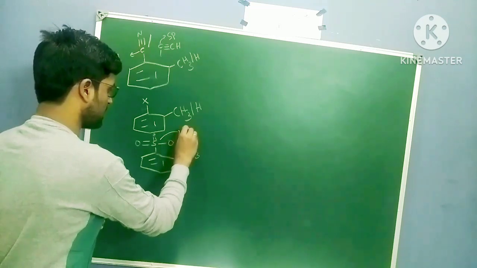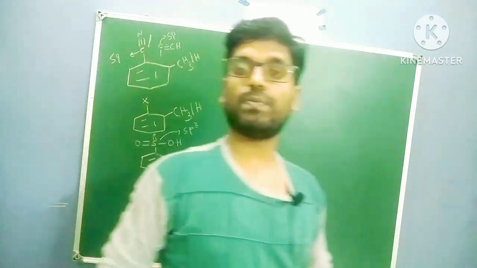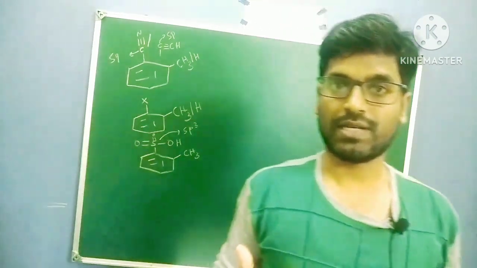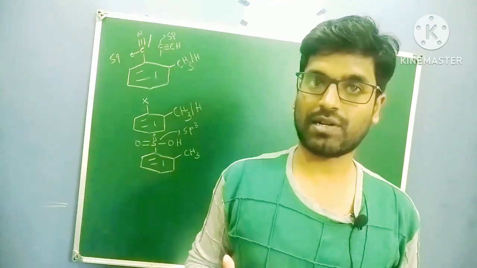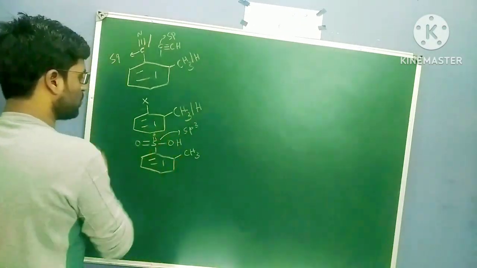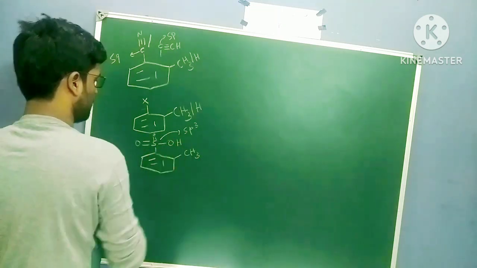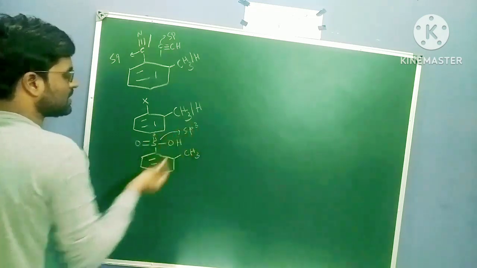This is an sp3 group. sp3 means pyramidal. Whenever we have sp3 hybridization, it is a pyramidal structure. Initially, for suppose this OH is on top, this O is on bottom, right? Tetrahedral structure. In fact, sp3 tetrahedral.